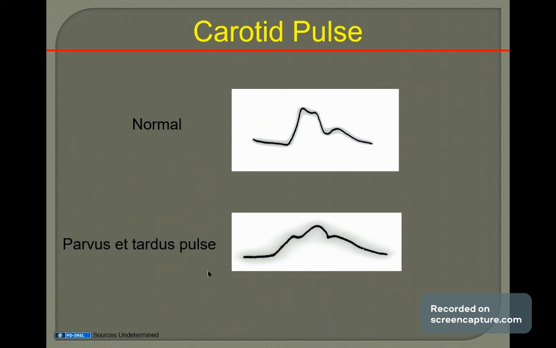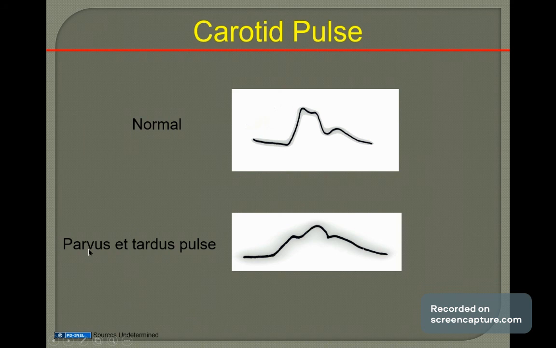The pulse in this condition is different because the heart has to push harder. This is the anacrotic limb, this is the dicrotic limb. You see here, in the normal pulse there is a plateau, the peak here, and down there. Anacrotic limb, dicrotic notch, dicrotic wave. Here you see the ascending limb is more prolonged.